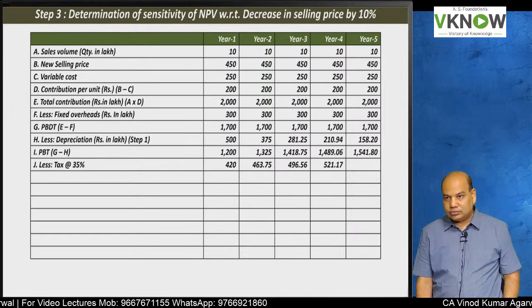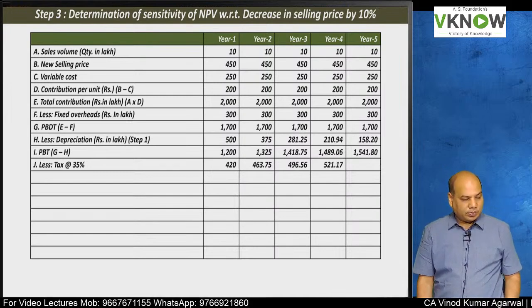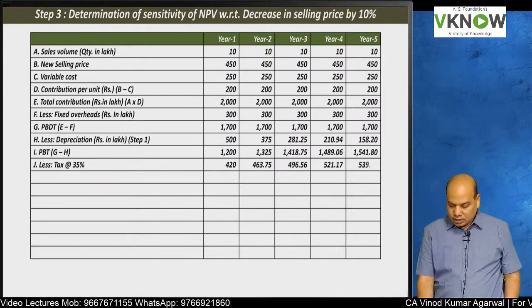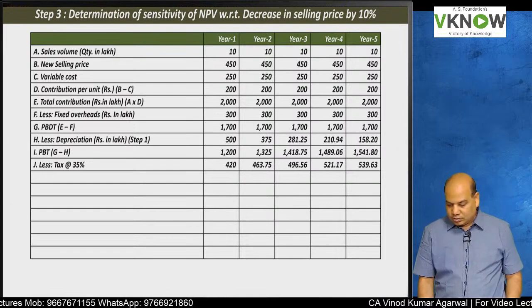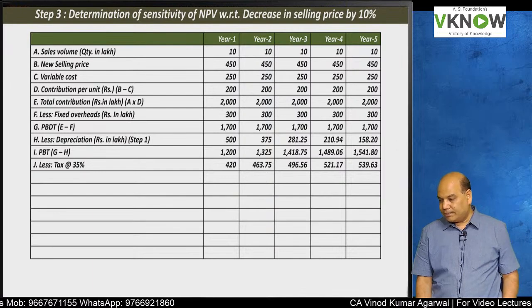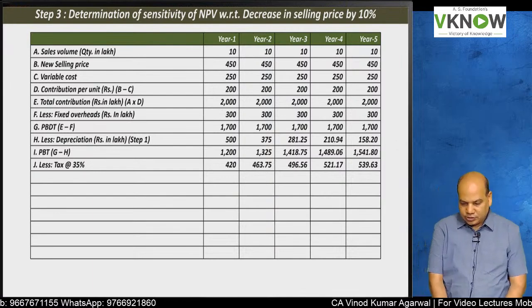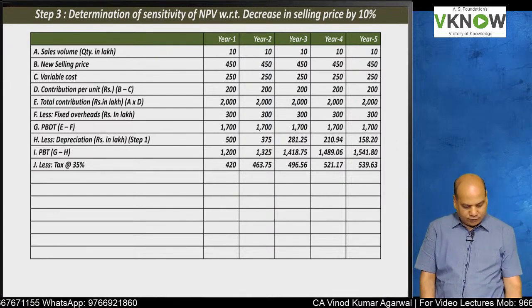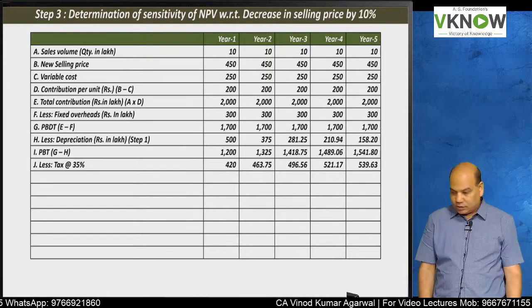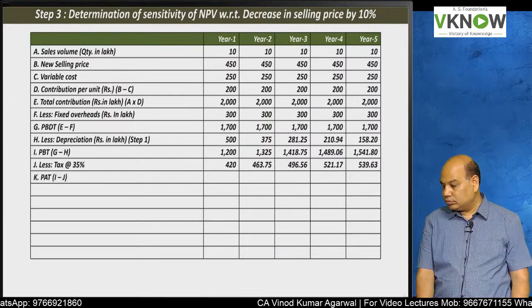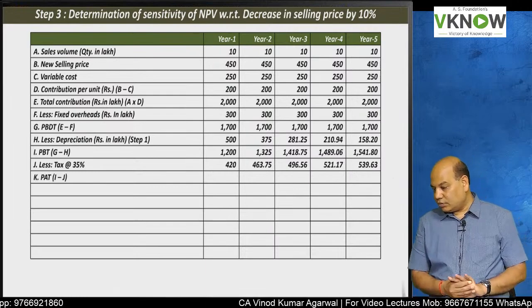Next one, 521.17, and next one, 539.63. Please confirm if it is right. Is the tax calculation right?